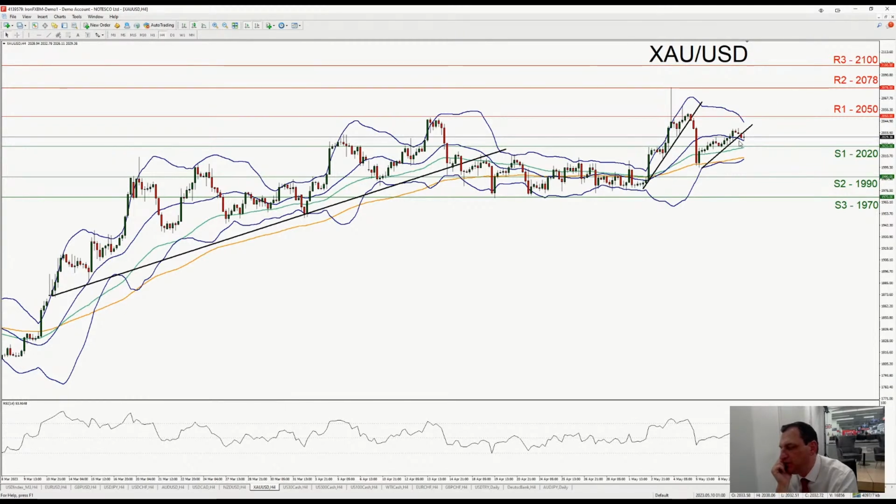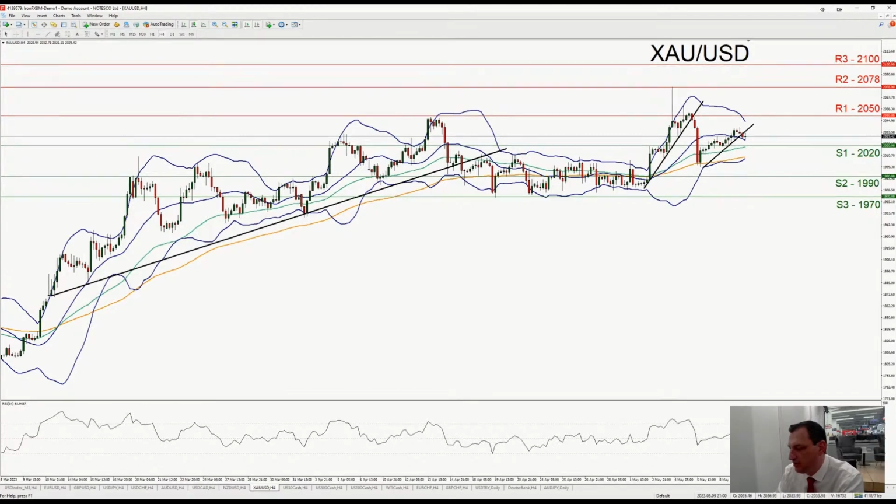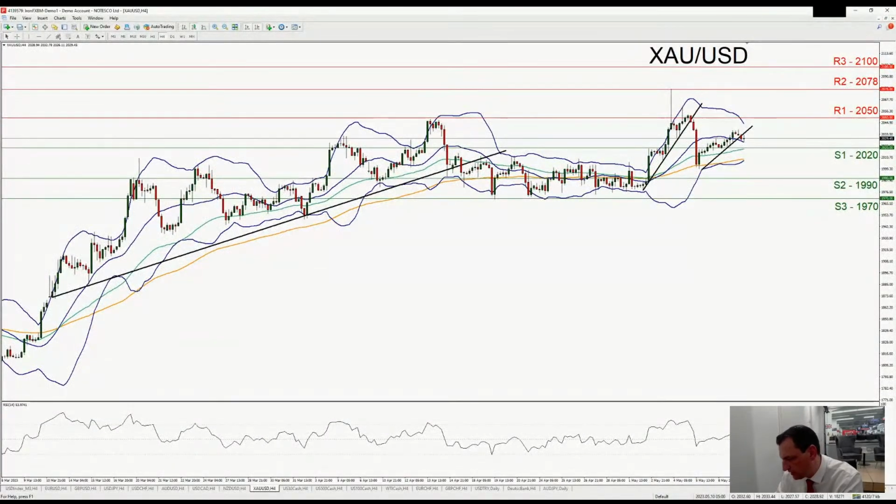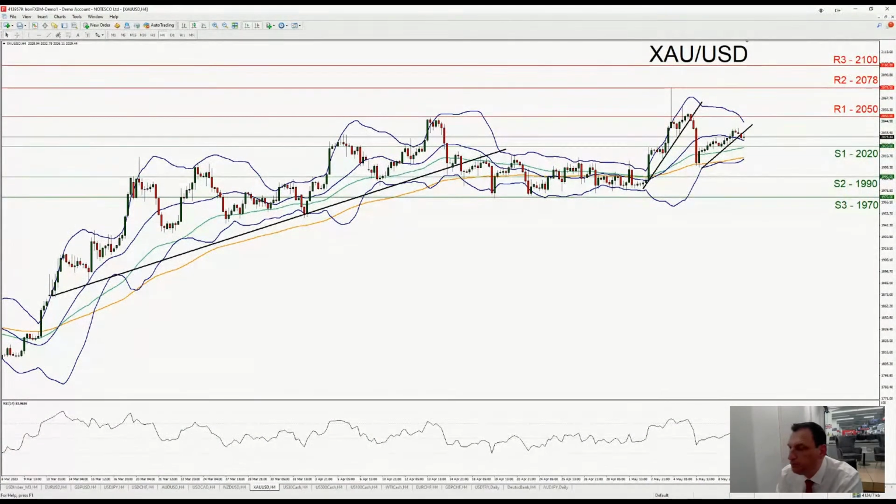So for the time being, we tend to maintain a bias for a sideways motion to continue just above the 2020 support line. Mind you that there is an indicator just above the reading of 50. It's actually right now at 53. So that should be no issue.